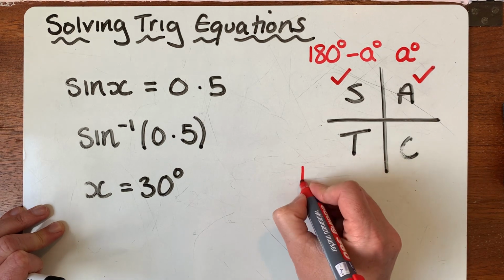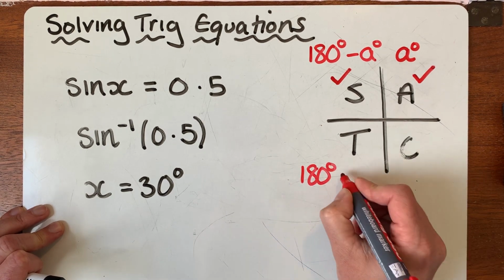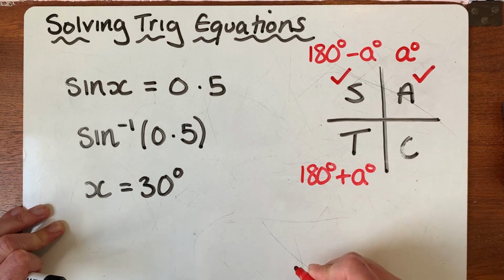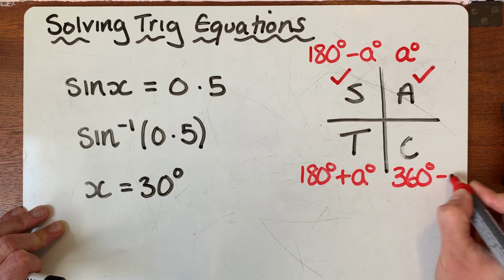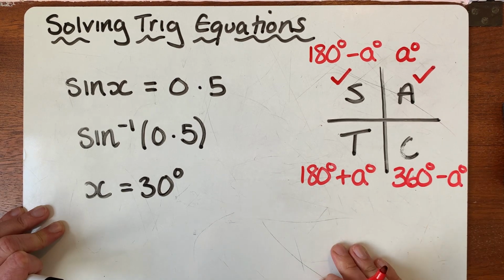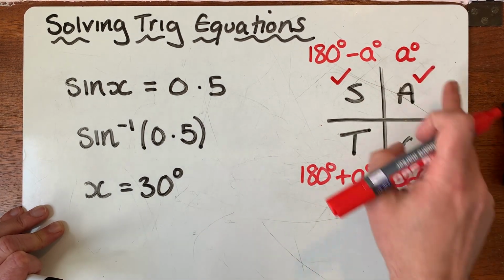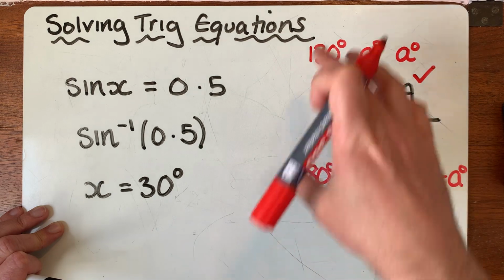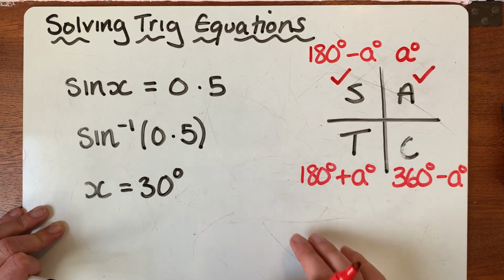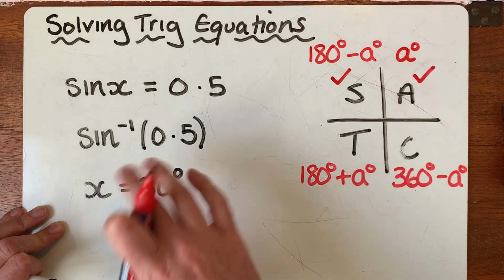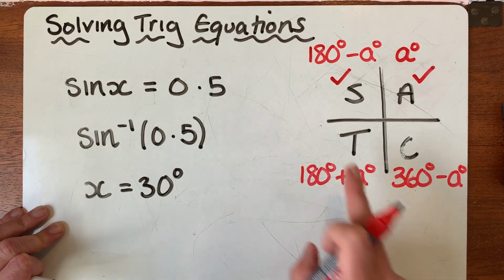In the third quadrant, we take that same first quadrant answer and add it to 180 degrees. And finally, if we have the fourth quadrant ticked, we take that answer away from 360 degrees. These little rules never change, only the quadrants that we have ticked will change, and we need to know which rule corresponds with which quadrant. So you can spend a bit of time trying to memorise that, and the better you know this, the easier this part becomes.